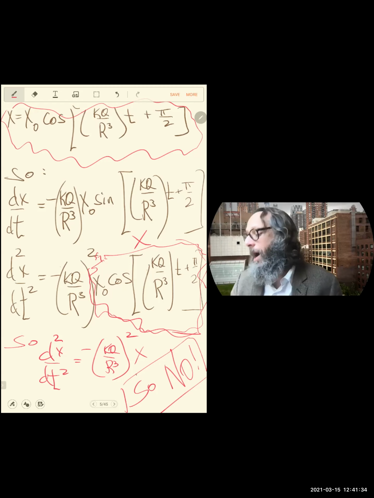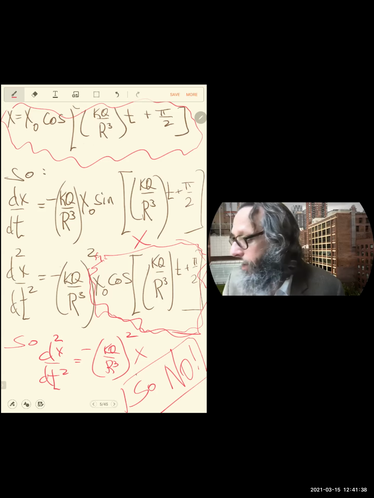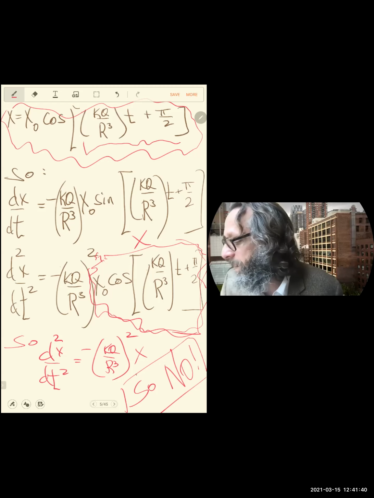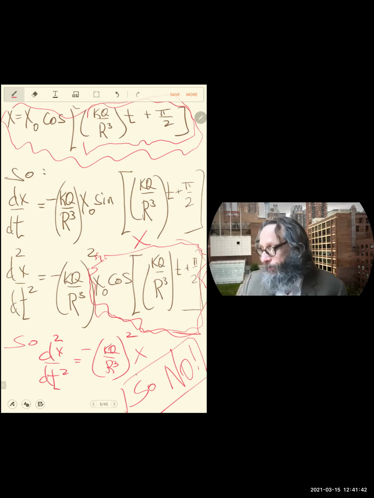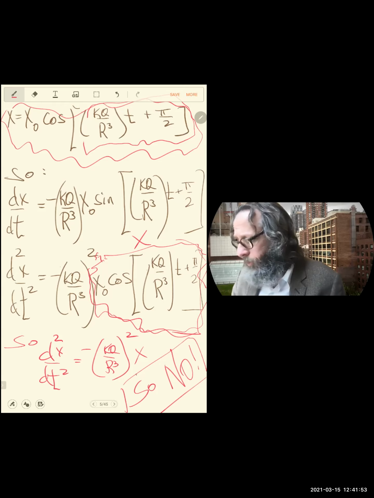The something is a constant times t plus a constant. So we have to take the derivative of what's inside, and the derivative of what's inside gets multiplied by our other derivative, by our outer derivative.